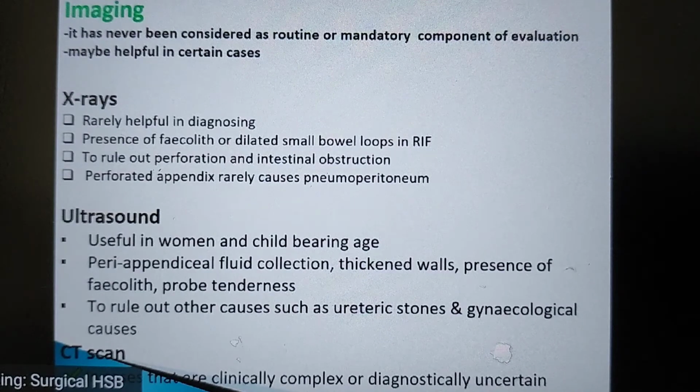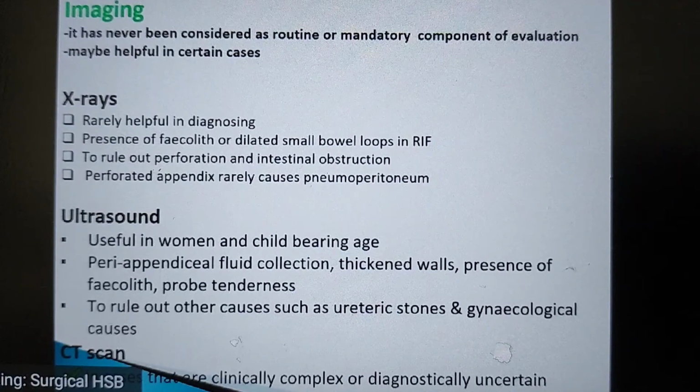Imaging is not a must in acute appendicitis. It usually helps us rule out other causes when we query whether this is an appendicitis case. An X-ray may help us know whether there is perforation or any intestinal obstruction. Ultrasound may be useful in women of childbearing age and children.